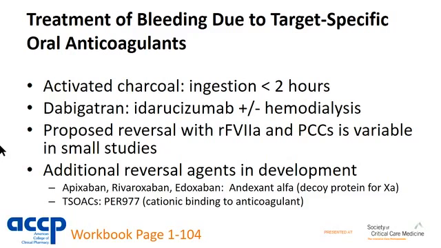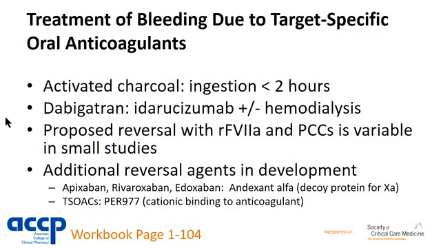Most recently approved to market is Praxbind, or idarucizumab, for the reversal of dabigatran. My guess is that many of you are starting to implement that within your health systems. Hemodialysis is also a suitable treatment option because the drug is so heavily renally eliminated, but that's also dependent on the clinical status of the patient themselves.